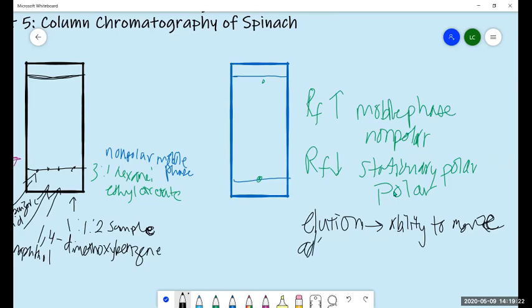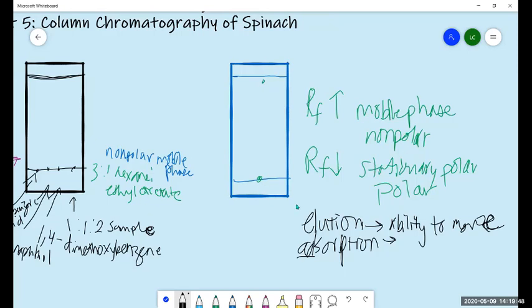Adsorption is a little different. Adsorption means you like to stick to your stationary phase. It's not absorbing, it's adsorbing, so it's a little different. Nothing is getting absorbed like a paper towel soaking up liquid. It just means you're interacting strongly with your stationary phase, so you're on a surface.